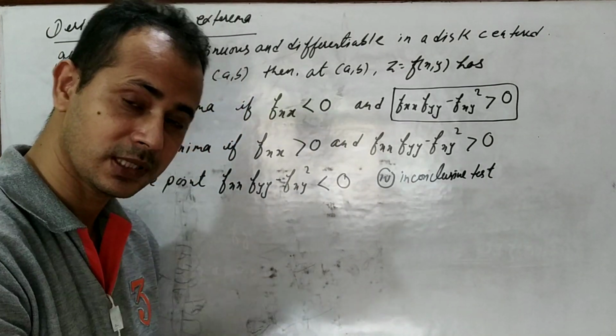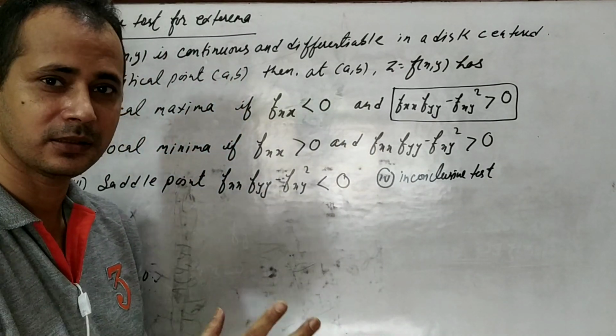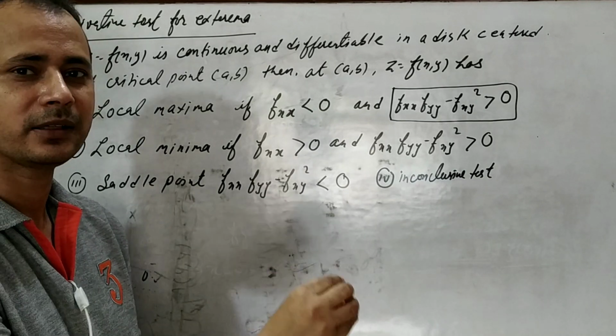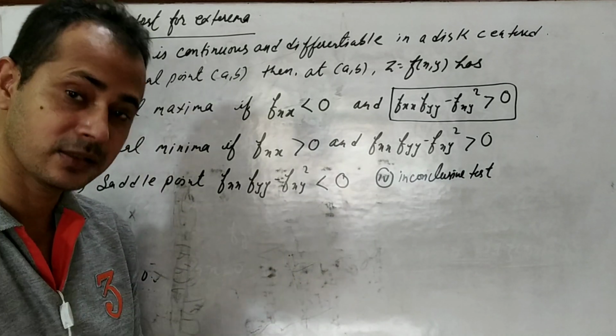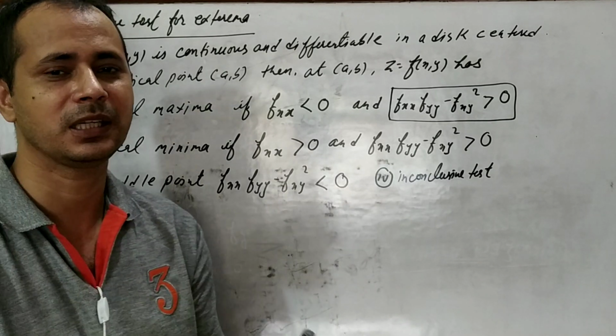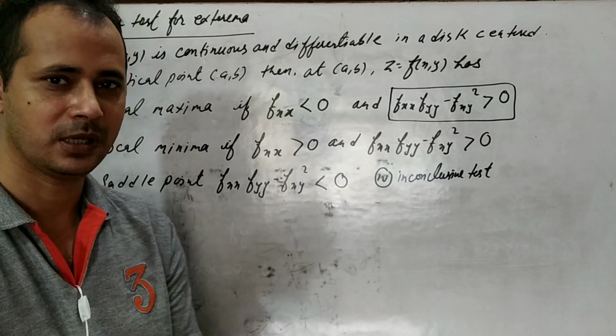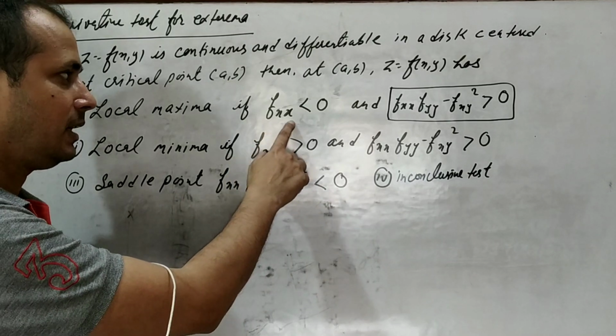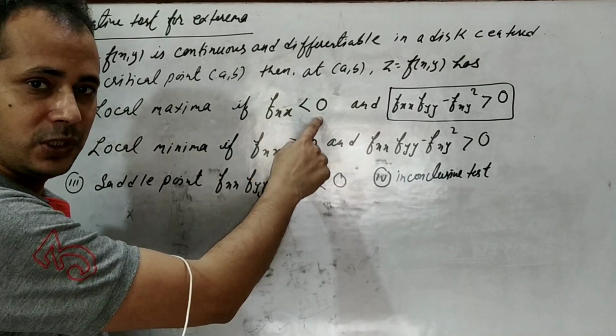So here we need to understand, if z equal to f of x, y is a two variable function which is continuous and differentiable in the disks centered at the critical point (a, b), then at that critical point (a, b) the given function will be getting local maxima if fxx is less than 0.